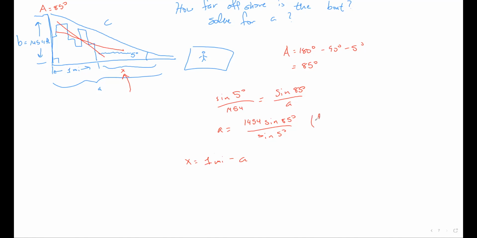This is in feet, and this is in miles. So we have to figure out how many feet are in a mile. I can never remember off the top of my head, but using that, convert miles to feet, and then we could subtract them, and that'll give us our answer for x. Do you feel okay with that? Do you have any questions? Yes, I'm okay with that.